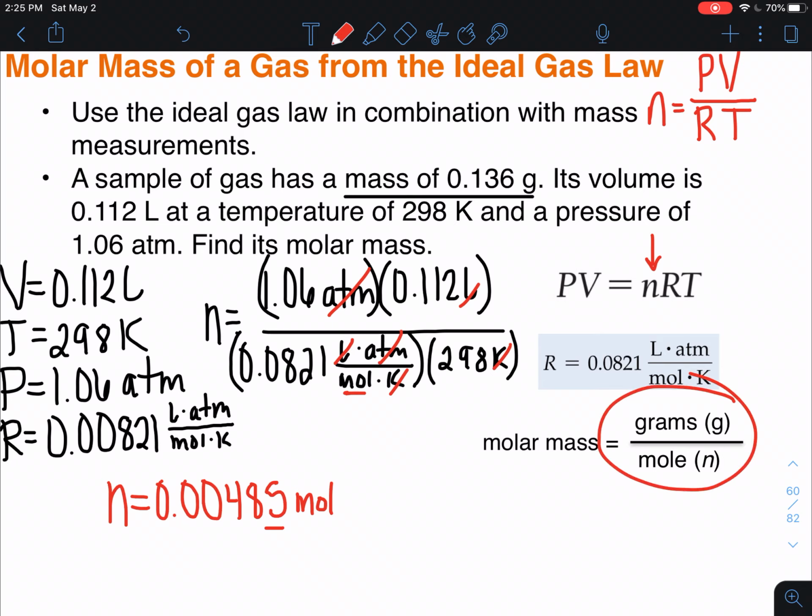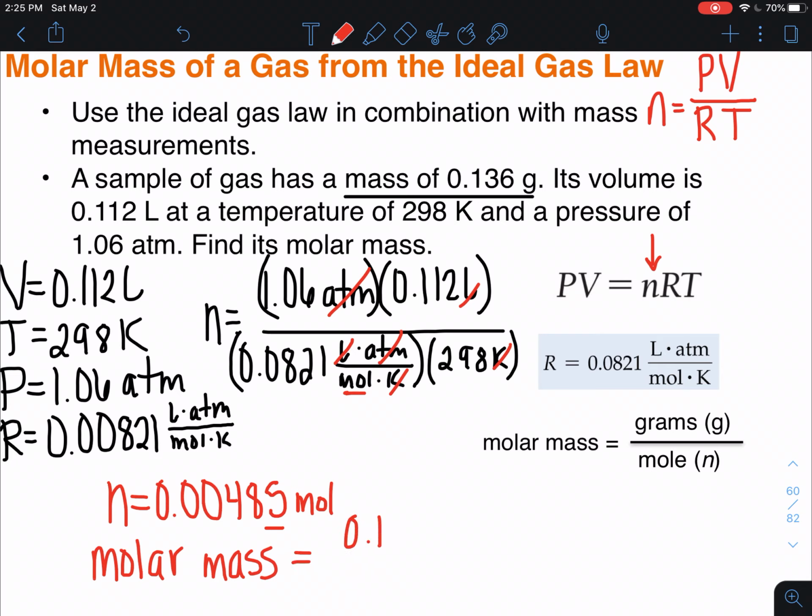Now, we can find what the molar mass is of this gas by taking the mass in grams, which is 0.136 grams, and putting that over the answer that we arrived at for n, which is 0.00485 mole.